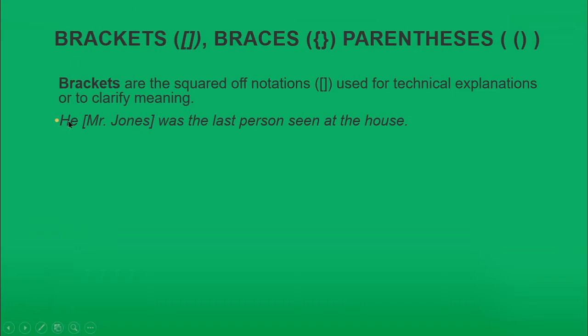You see, he was the last person seen at the house. So the sentence is still meaningful. So here in brackets we have given more information. In this way, if we want to give some more information about the subject, then we use brackets.